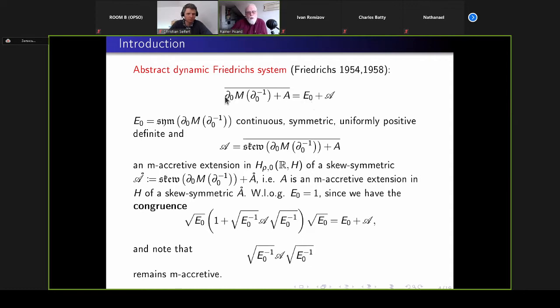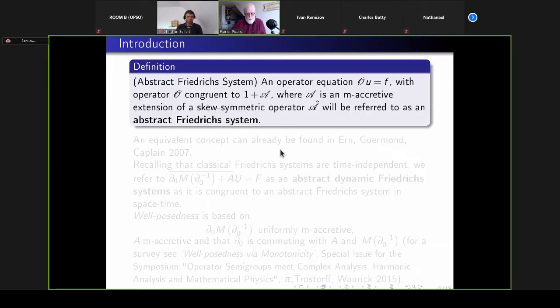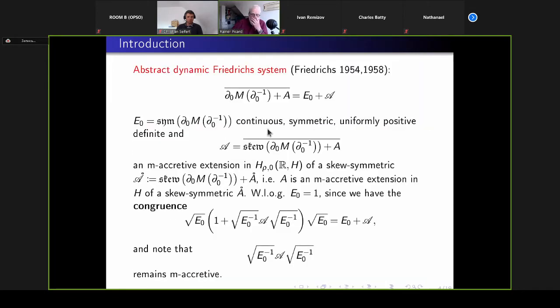And of course, we can take the operator we started out with and split it into these two parts by taking the symmetric part of this coefficient, and then we have A as the skew symmetric part of this first term with the material law and some operator A.